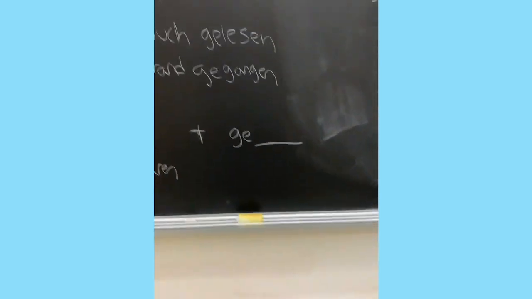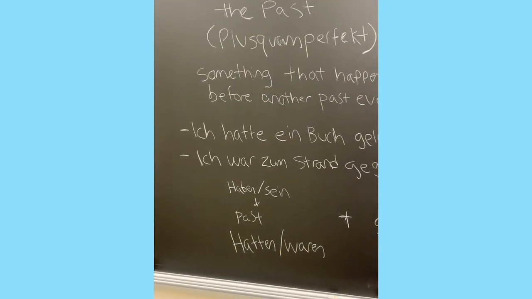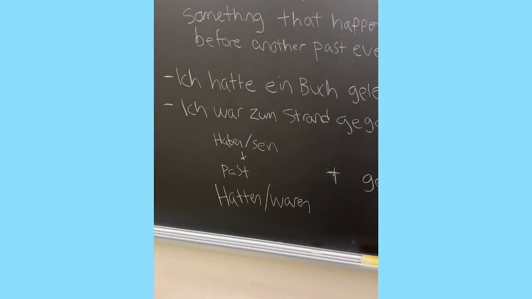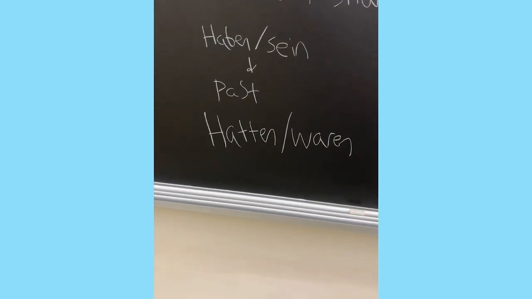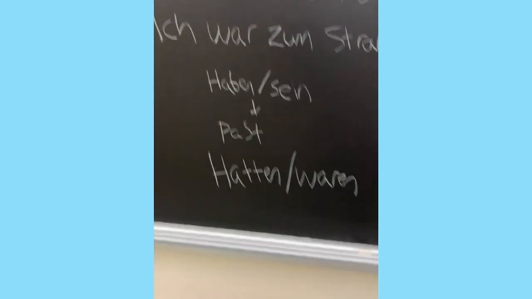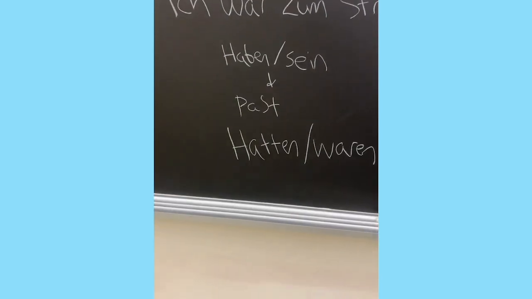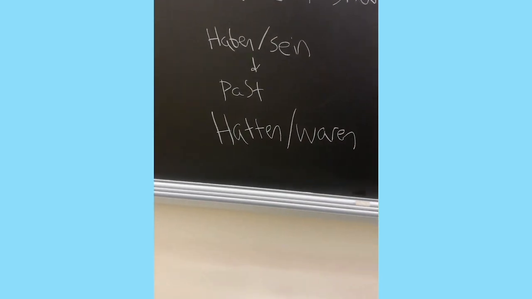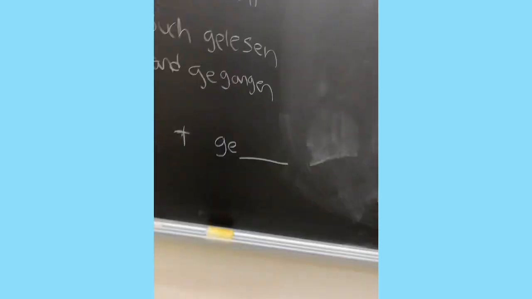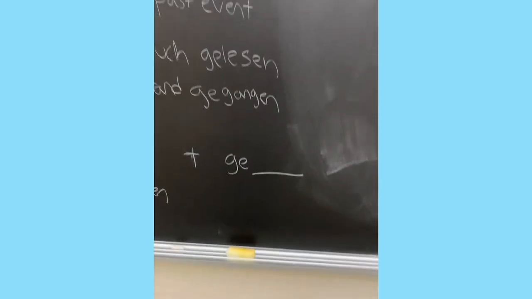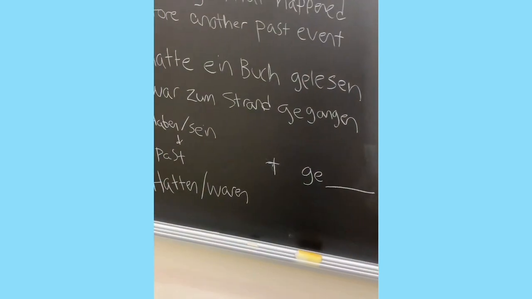So when you use Plusquamperfekt, notice that the haben and sein change to past tense. Hatten und waren. So haben and sein, to have and to be, change to had and was. And then we still use our plus ge verb to show that we are in the past tense.